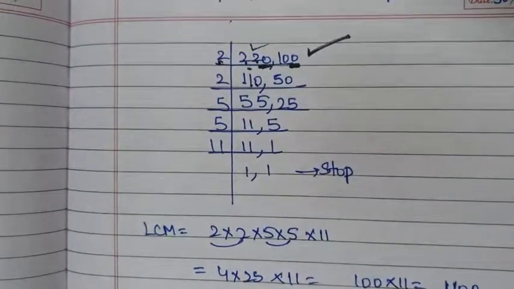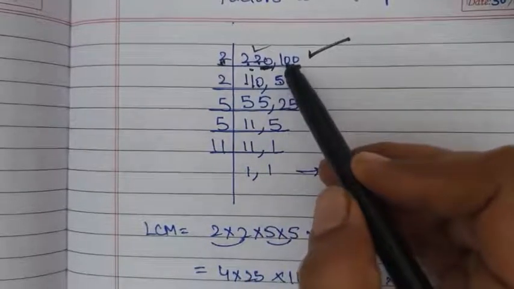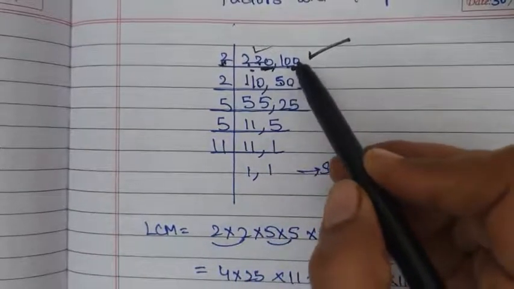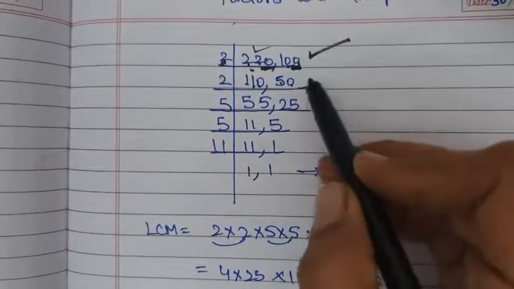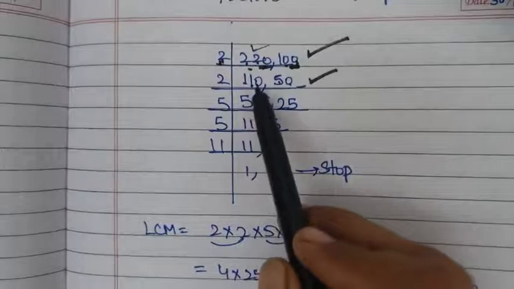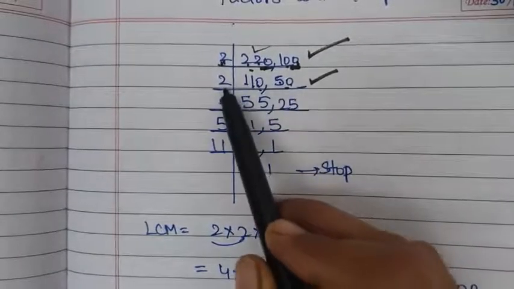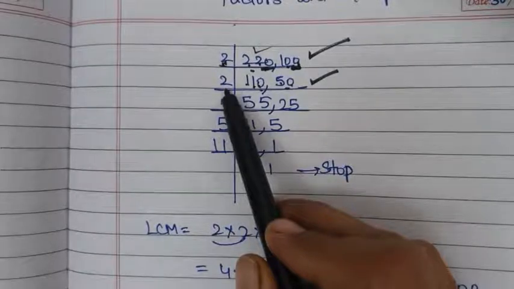See, it's very easy. Then 2 5 is 10, 2 0 is 0. Done. Now again the last digits are 0. So this will be divisible by 2.